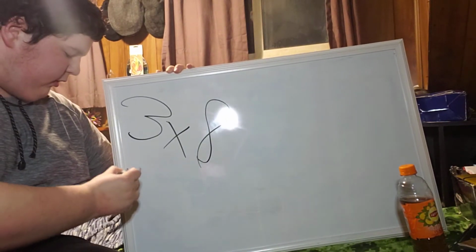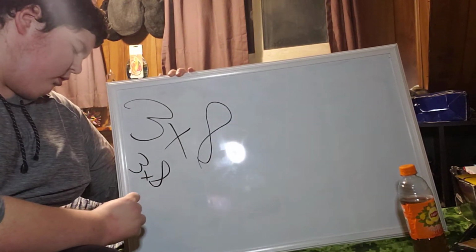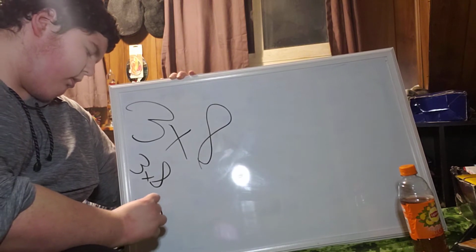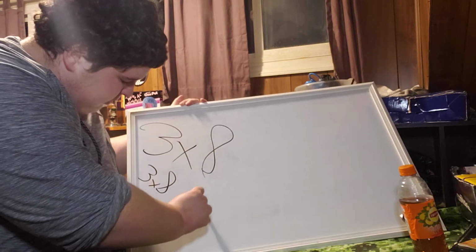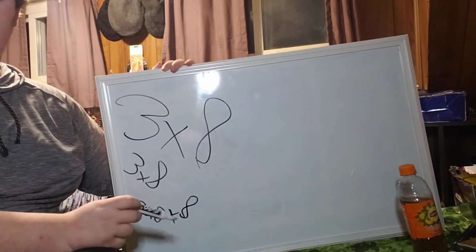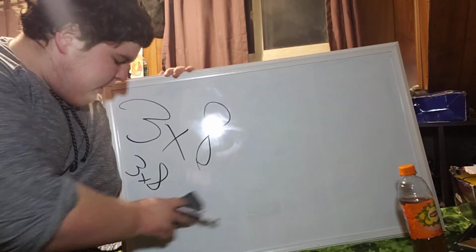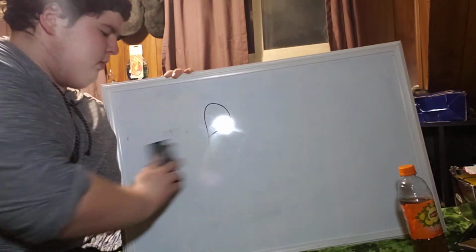So you could do 3 times 8, that's how you could write it. Or you could do 8 plus 8 plus 8. Sorry, the 8s are crooked, but they're all 8s, okay? Because now we have three 8s. Okay, so that's another way.